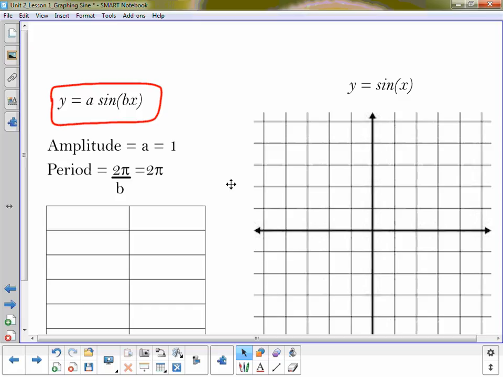It's how far above and below the x-axis the sine function will go. In our regular plain old sine x, the amplitude is 1. So I'm going to graph this plain sine right now.